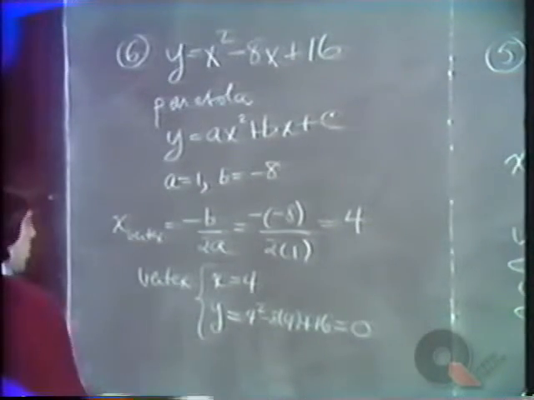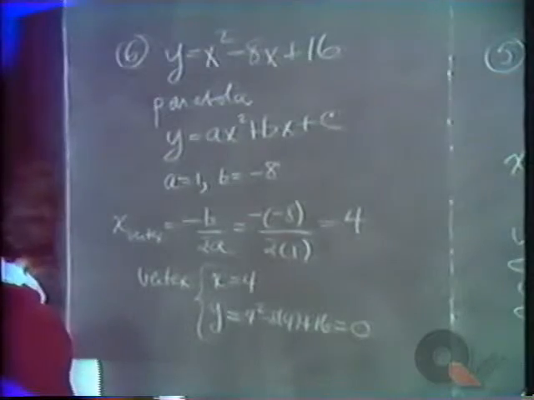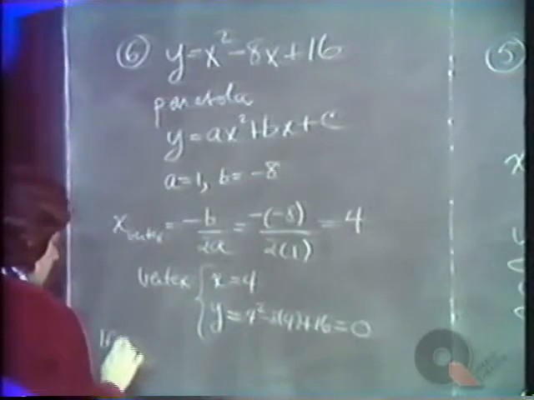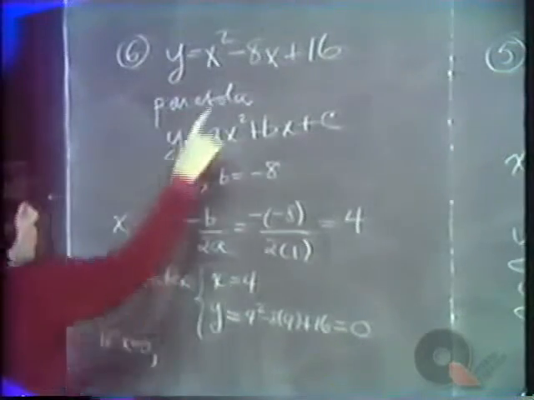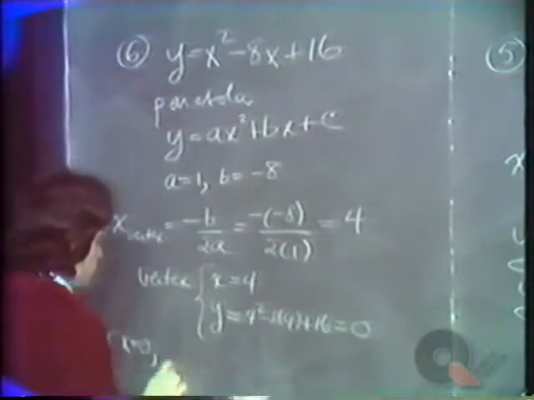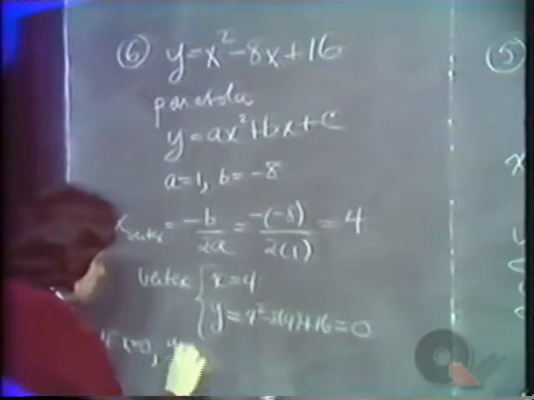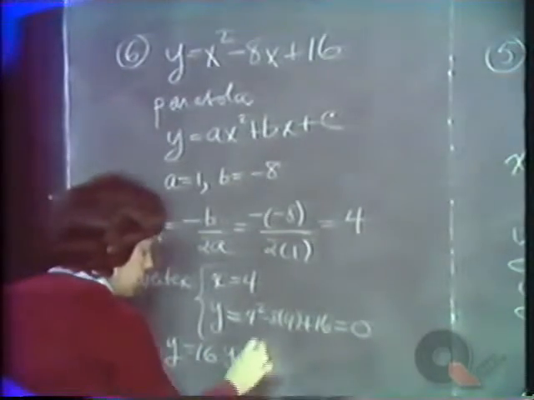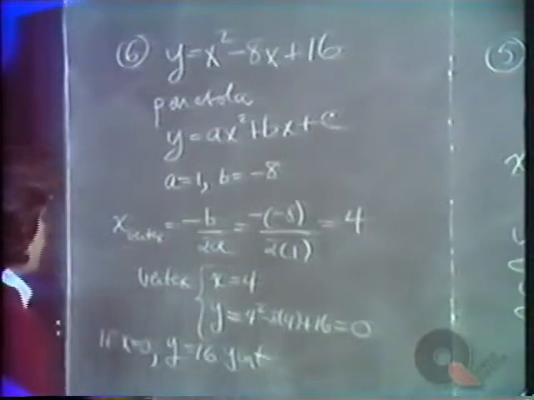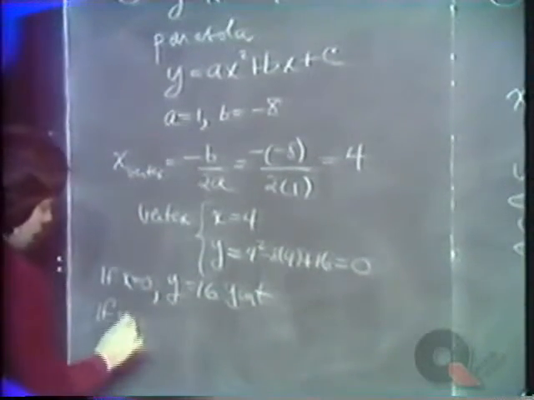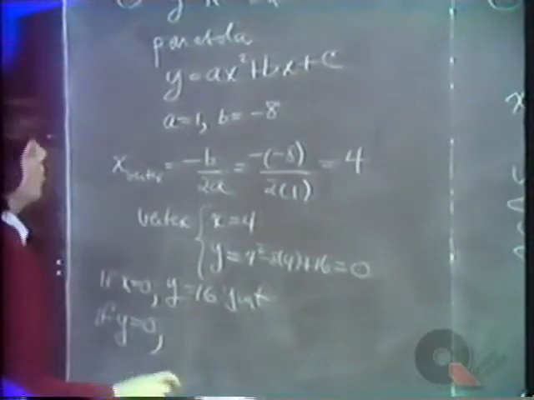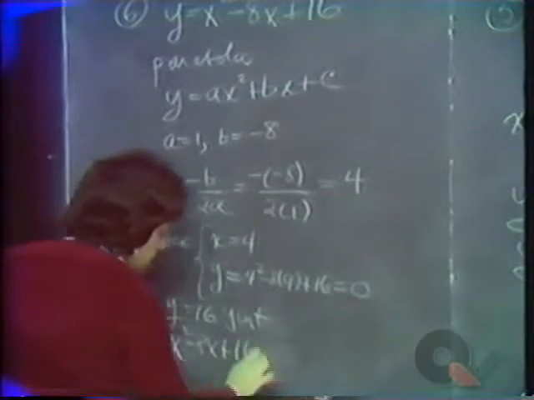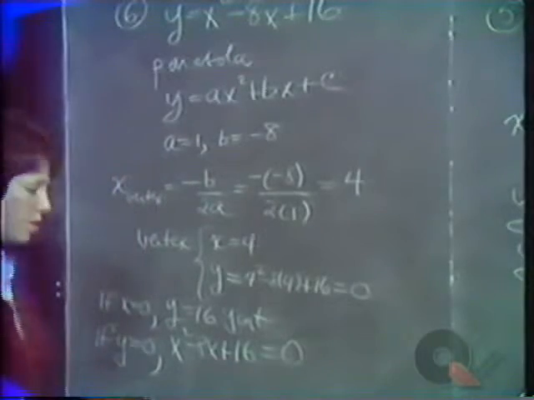Now to get the intercepts as well, if you set x equals 0, you would get, of course, y equals 16. That is the y-intercept. And if you set y equal to 0, you'd get x squared minus 8x plus 16 equals 0.